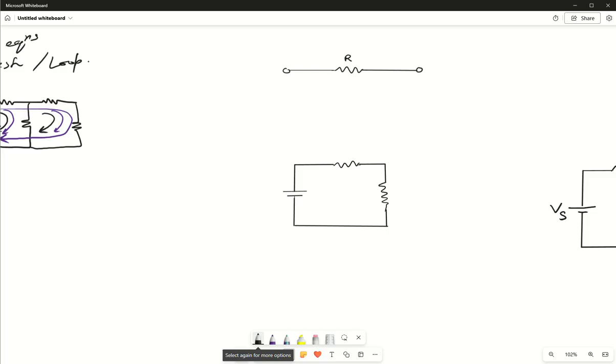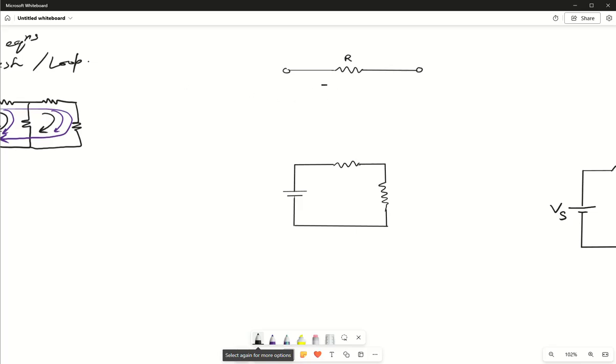There are two types of convention, and out of those two we will be following simply one convention.